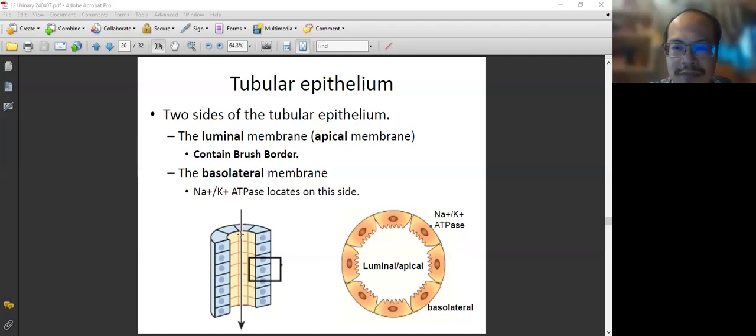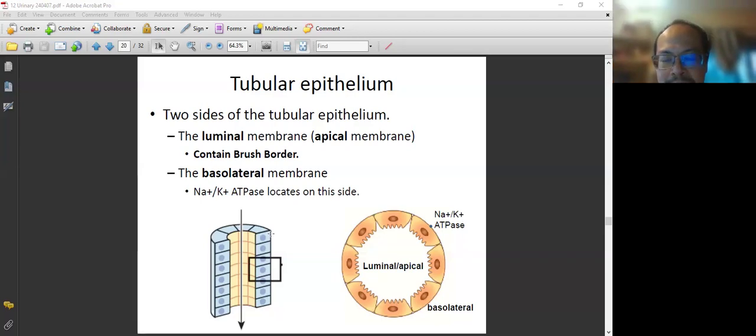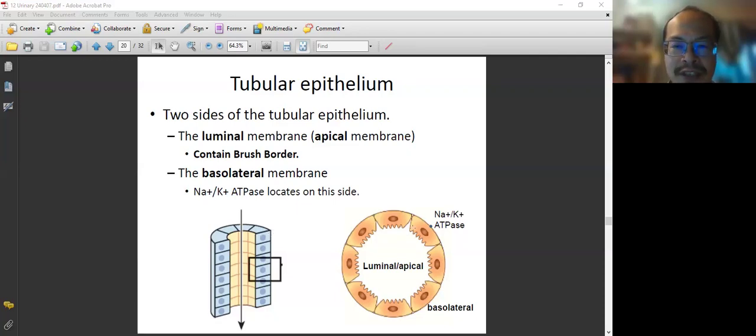Just some orientation, as we described in the very first lecture, every cell has a sodium potassium ATPase. Every cell has that pump, and every cell has a negative membrane potential, with high potassium inside and low sodium outside. Now we also have the sodium potassium pump in that epithelial cell, same thing just like every other cell.